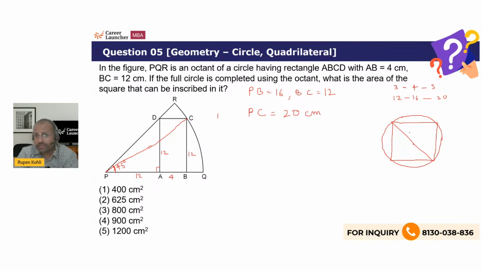So if the side of this square is a, then this diagonal length is root 2a. So your root 2a equals 2r, the diameter of the circle, or your a, the side of the square, is coming to be root 2r. You have obtained your r as 20, so your a becomes root 2r, which is 20 root 2 centimeter. So therefore, final step, your area is a square, which is 20 square into root 2 whole square is 2. So that is 800 centimeter square. Option 3.